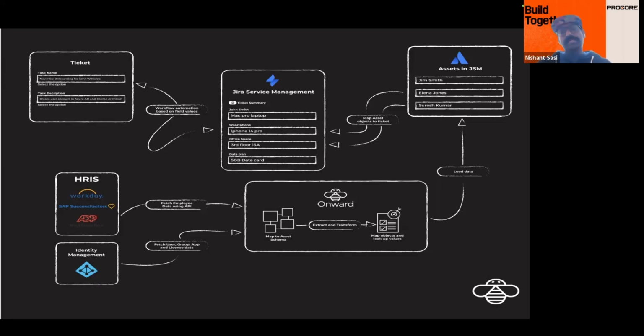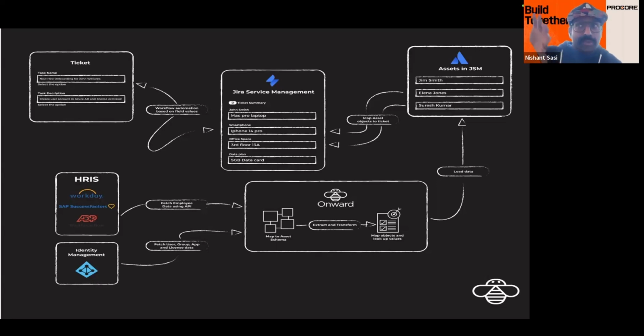So here's where everything we just talked about comes together, right? When Assets is modeled well, and I'm going to reiterate it many times because it's very much important, the JSM automation stops behaving like a simple rule engine and starts behaving like a context-aware decision engine.